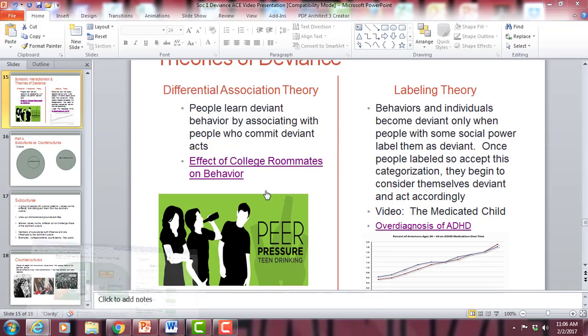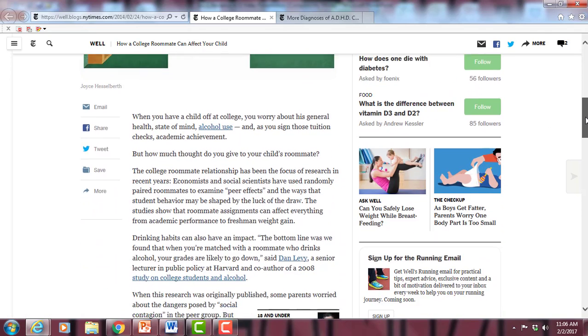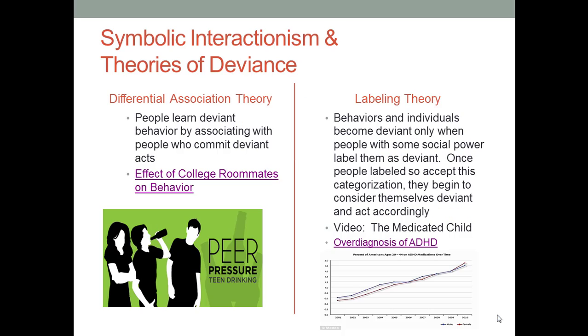Interesting study done on the effects on your behavior of your college roommate. A New York Times article talked about how who you live with will affect how much alcohol you use. It will affect how well you do in school, positive or negative. So this is probably the one we're more familiar with, differential association theory. We learn deviance through other people.